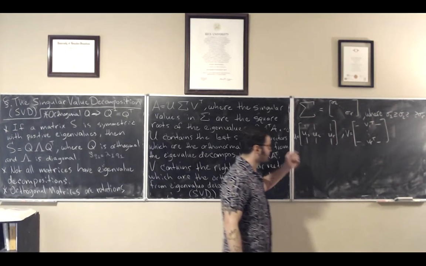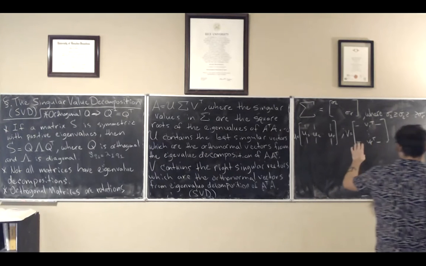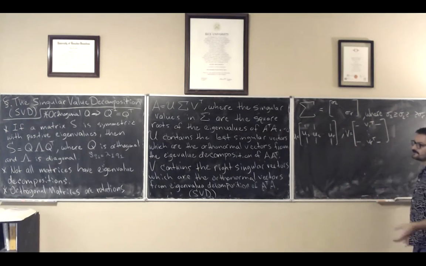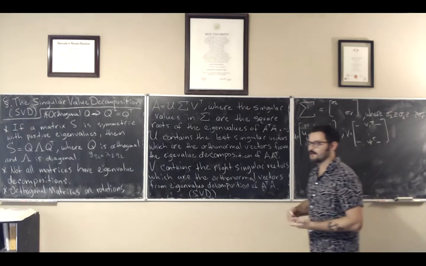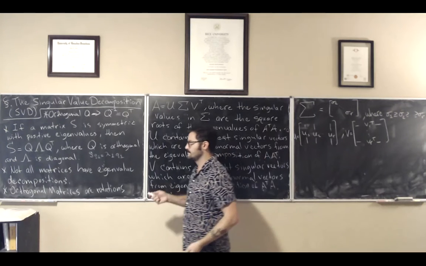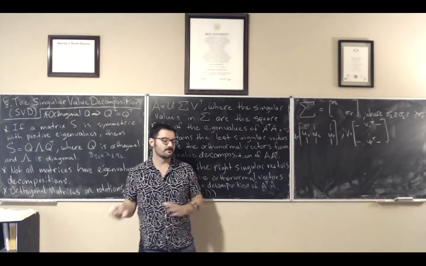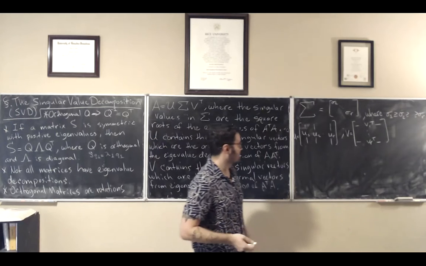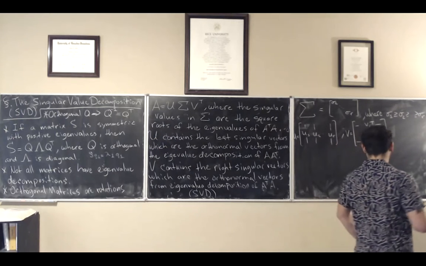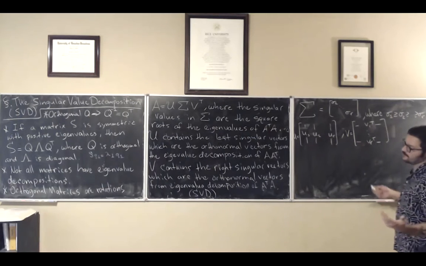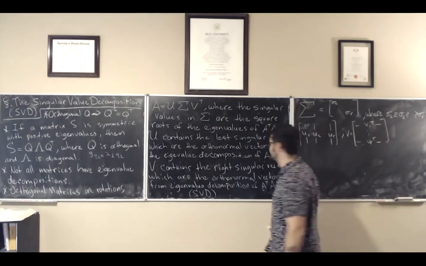So in practice, the packages that you'll use to do this in Python or Julia or MATLAB will not do the eigenvalue decomposition of A transpose A. There's other ways to do this. But for our purposes, by hand for small matrices, that's how we'll do it.